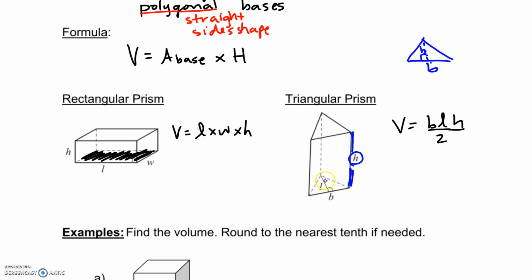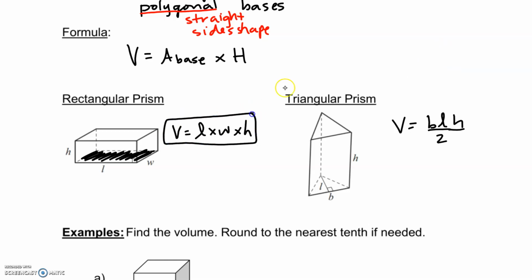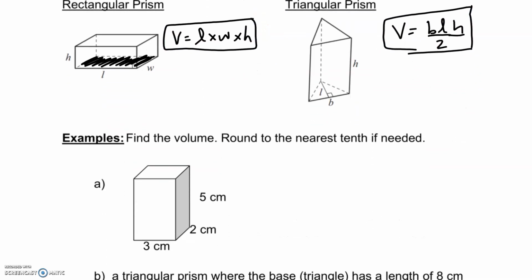And if I had an H here as well, we would get the H's mixed up. And so that's why we're going to be using the L instead of the typical H. All right, those are the two formulas that we are going to be looking at today, so rectangular prism and triangular prism. Let's take a look at our first example and how we use these formulas.